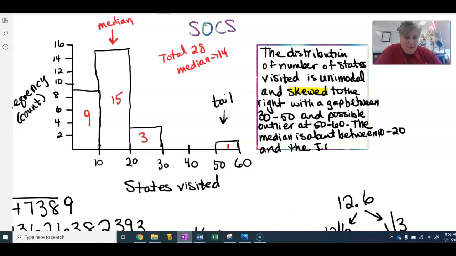And the IQR is about, okay, so let's look at IQR. So IQR is where it's half of the median. So Q1 is at 7. And then Q3 is the 21st thing because it's half of 14.